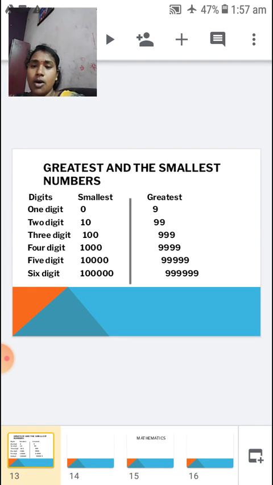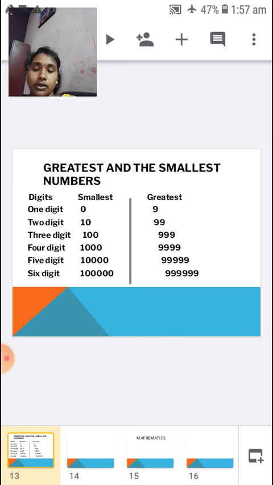We have the smallest three digit number as 100 and the greatest three digit number as 999, and the smallest four digit number is 1000 and the greatest four digit number is 9999. Similarly, it keeps increasing in the number of zeros in the smallest and the number of nines in the greatest. So did you understand the greatest and the smallest numbers?